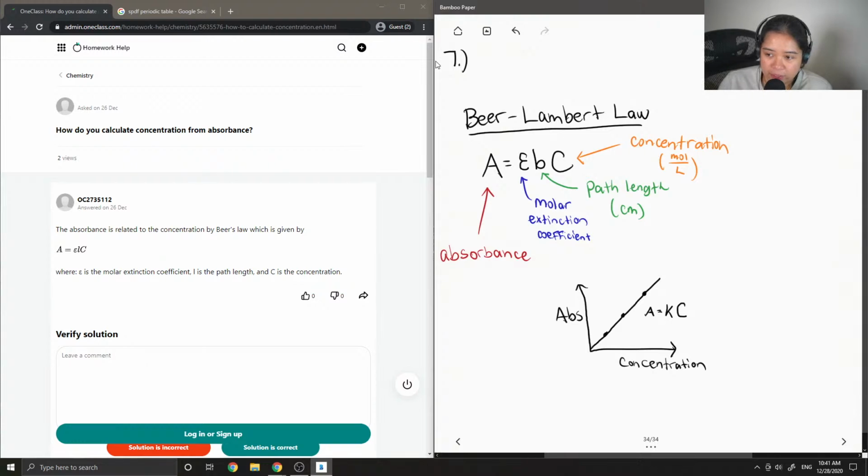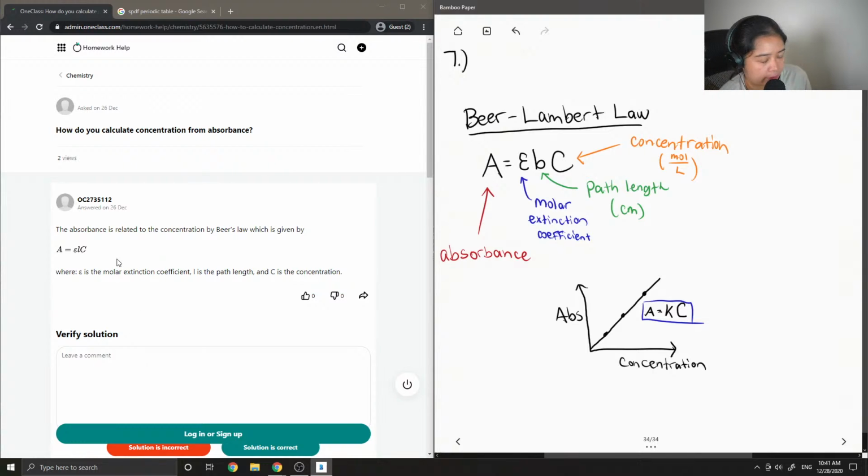So if you remember the grade 10 math, then you can find the slope of the line, and then you can calculate concentration from absorbance just by subbing it into your equation of the line, which would be this.